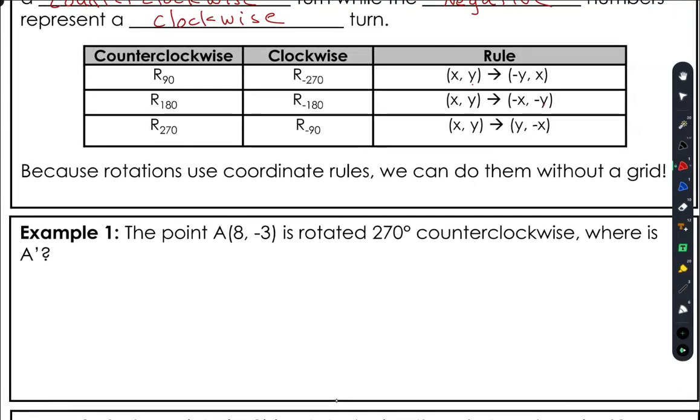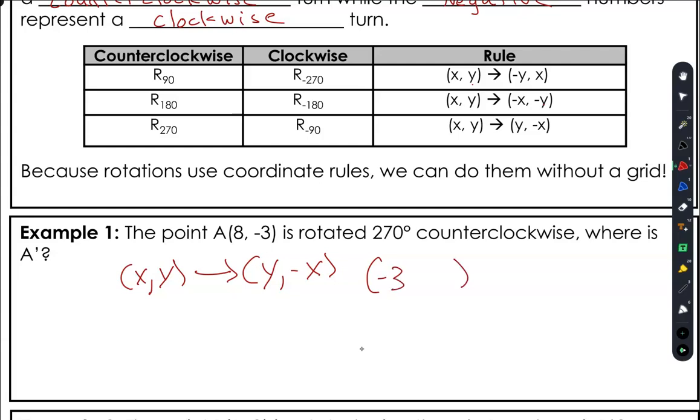On this one it says to rotate 270 degrees counterclockwise. It doesn't give the notation, it just says 270 degrees counterclockwise. So we're going to use this rule, where you take the X and the Y and swap them around, and change the sign of the X. First I'm going to take this (8, -3) and swap them around.